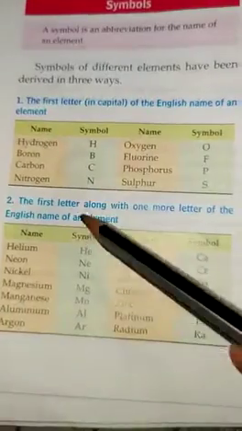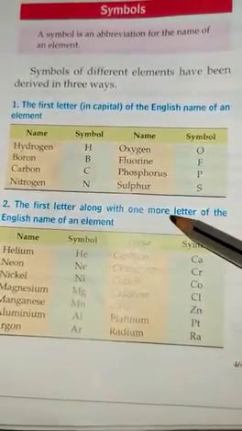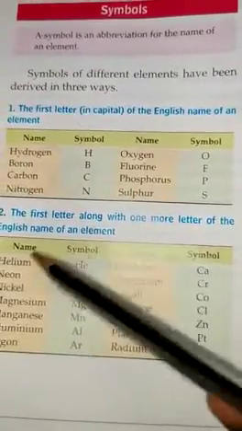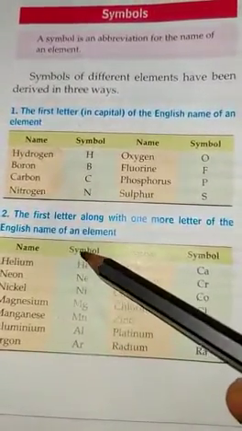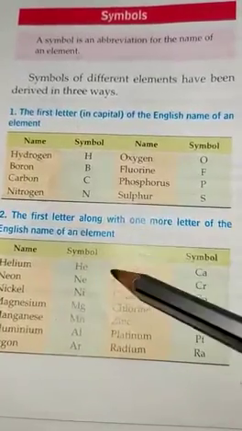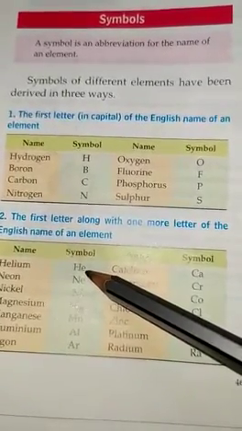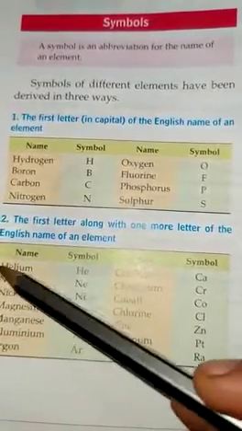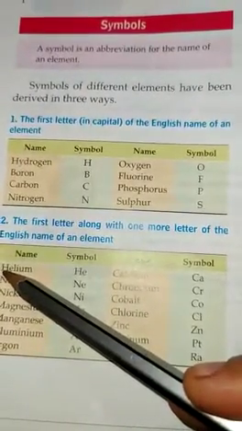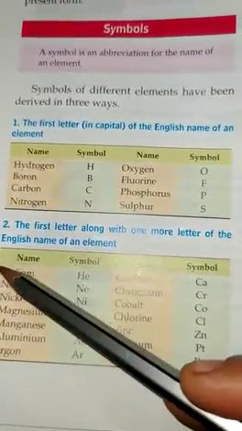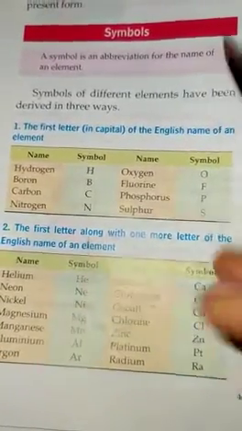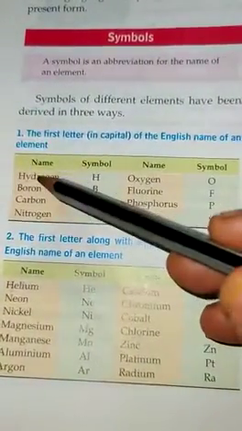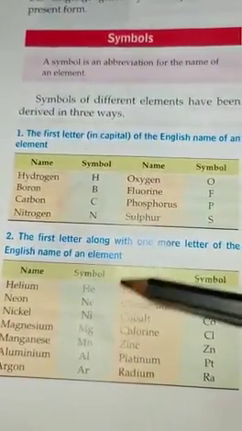Next is the first letter along with one more letter. There are some elements in which we use the first capital letter, but along with that we use one more letter from the English name of the element. Like helium: you will use the first capital letter H, but if we write only capital H, it becomes the symbol of hydrogen, so it will be wrong.